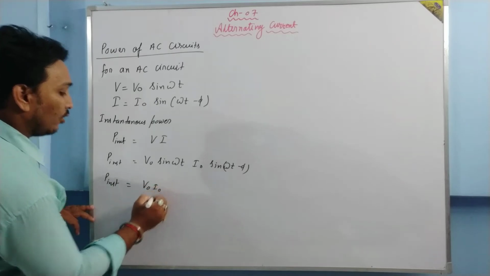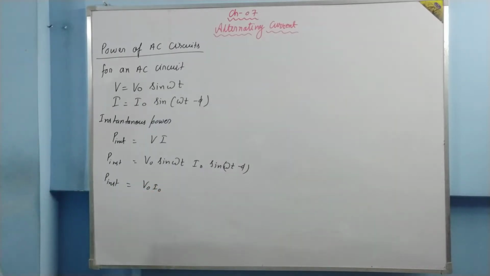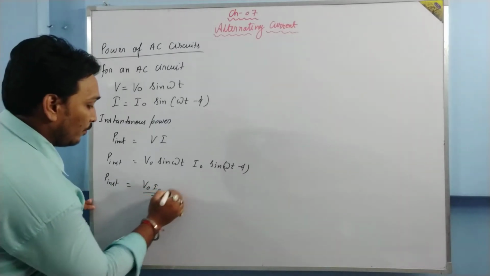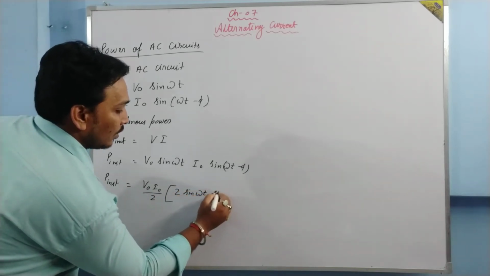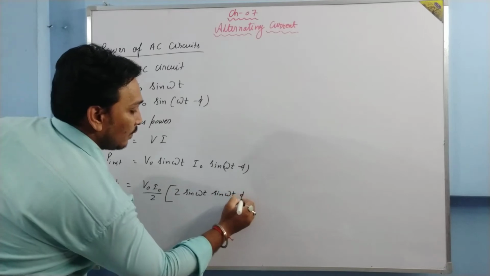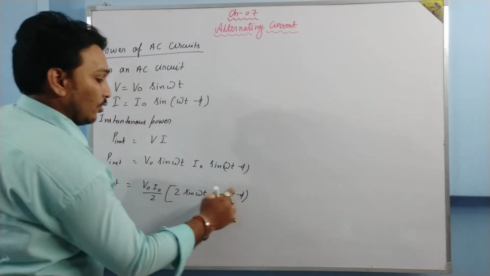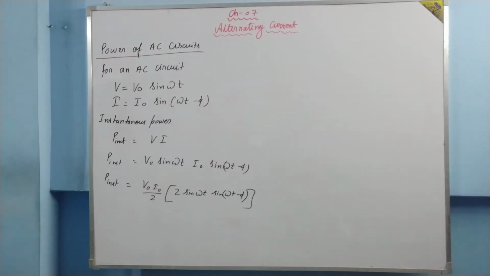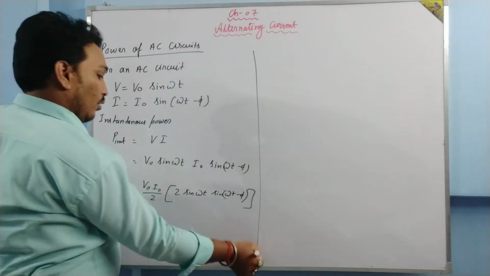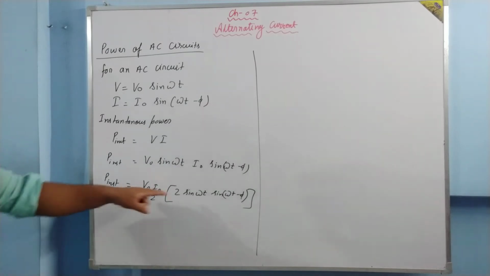Now P instantaneous is equal to what? Let us take V naught I naught together, and I am going to divide by 2 and multiply by 2: 2 sine omega t sine omega t minus phi. Is it clear? I have divided by 2, I have multiplied by 2.